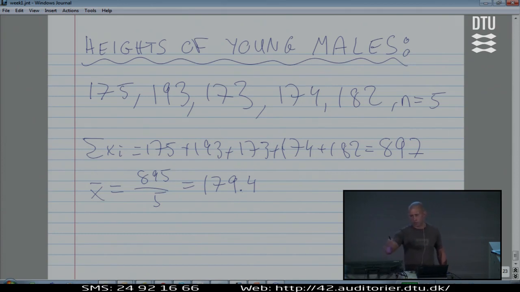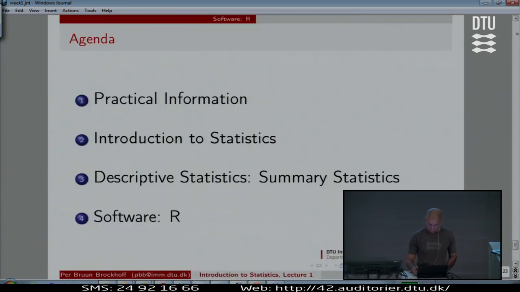We're not going so far today, but then it would be a guess of the real mean height of young males. It would be around 180. It's a pretty good guess, actually, I'm sure. So a 5-size sample can be pretty good, maybe. I'm going to teach you in this course how good or how bad such a sample really is to help us. That's the key part of the course.